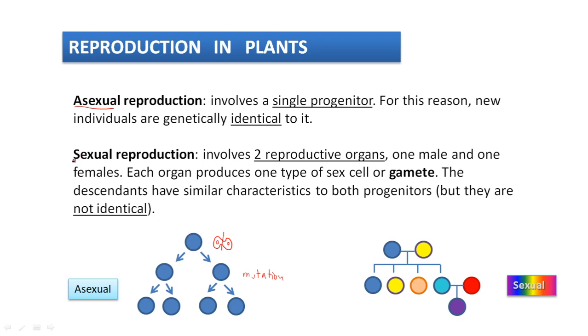Sexual reproduction involves two reproductive organs. As you can notice, I'm not talking about two reproductive organisms, because sometimes, and in plants this is very common, the same individual has two different reproductive organs. They are called hermaphrodites.